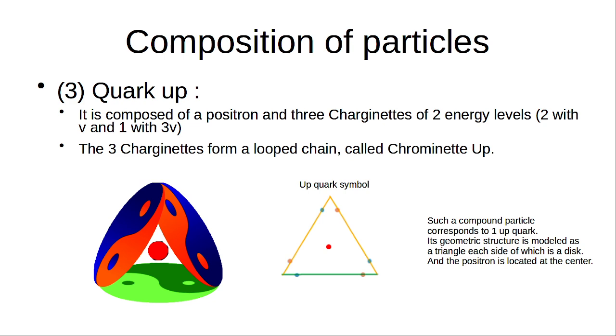3. Quark up. It is composed of a positron and 3 charge nets of 2 energy levels, 2 with V and 1 with 3V. The 3 charge nets form a looped chain called chrominate up.